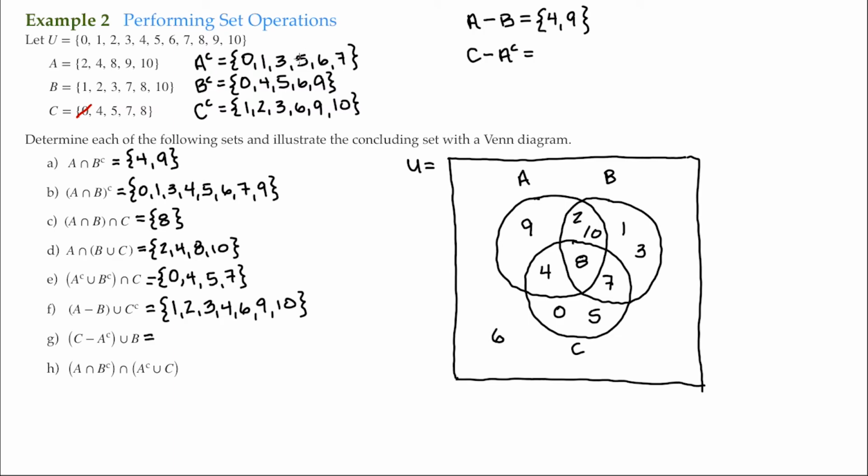I have a 5. And I have a 7. So what's left over is 4 and 8.